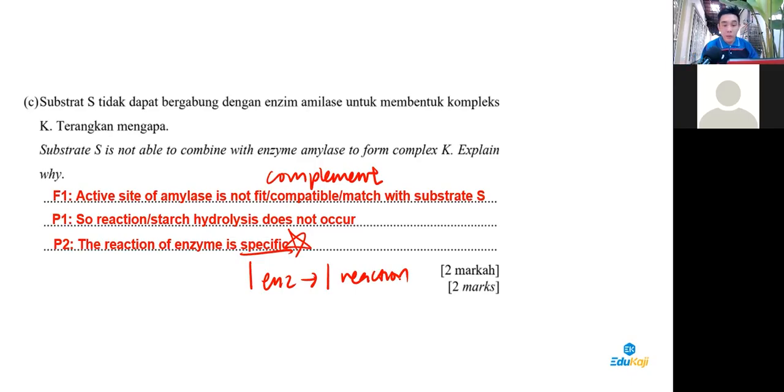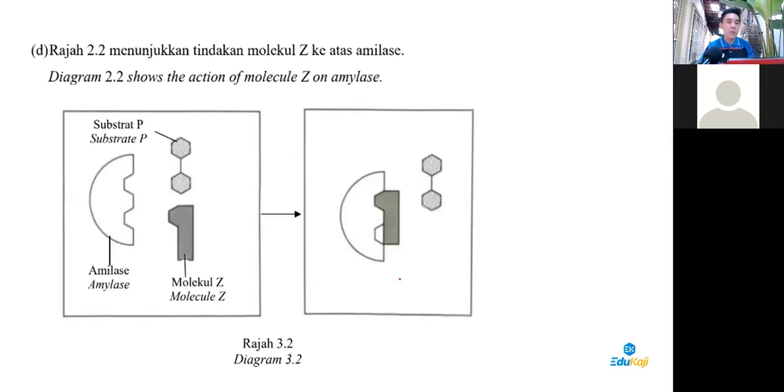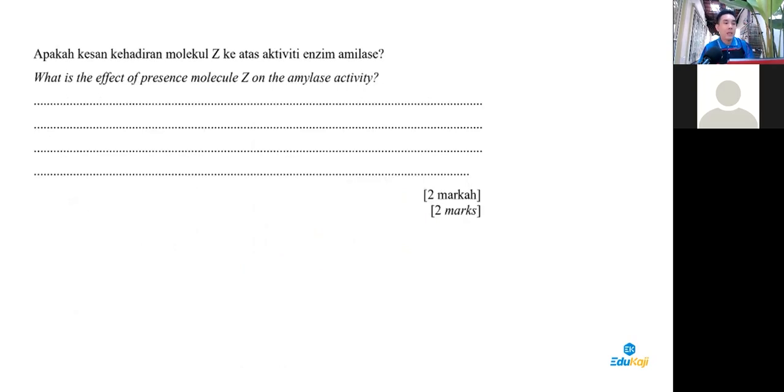The next question is what I really like, because this question here is what we call an inhibitor. Inhibitor, perencat in BM. As the name speaks for itself, it is something that inhibits a reaction. Merencat suatu tindak balas means causing the reaction unable to occur.